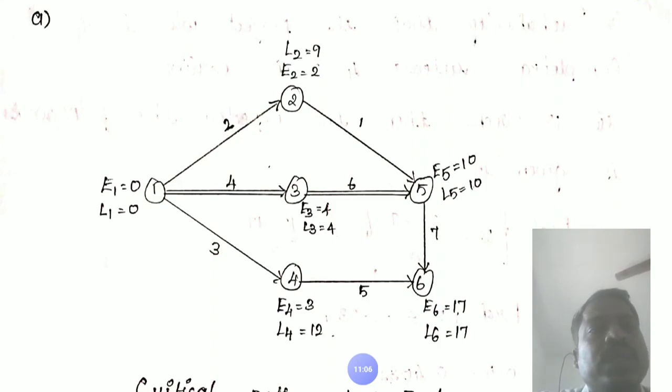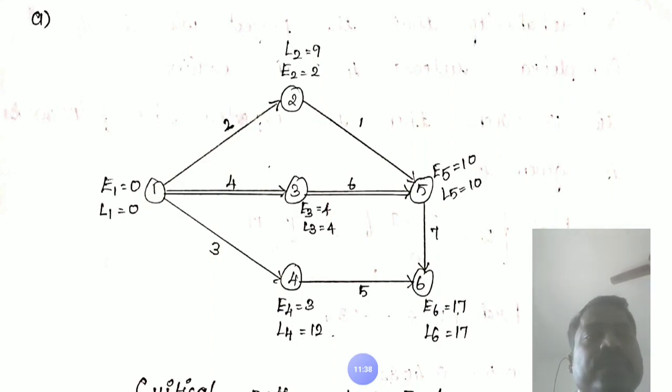First, from 2: L2 is 9, the duration of the activity 1 to 2 is 2, therefore 9 minus 2 is 7. And from 3: L3 is 4, the duration of activity 1 to 3 is 4, so 4 minus 4 is 0. Another one, from 4: L4 is 12, the duration of activity 1 to 4 is 3, so 12 minus 3 is 9.